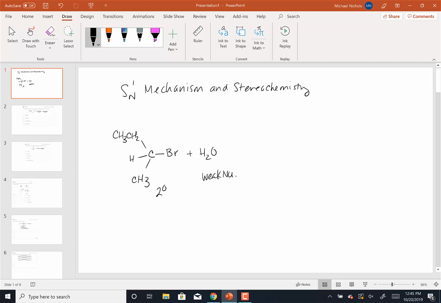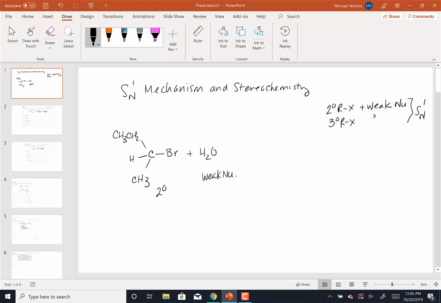One of the things that we're going to find is that when you react a secondary halide, and actually a tertiary halide, with a weak nucleophile, the mechanism that you're going to get is SN1.